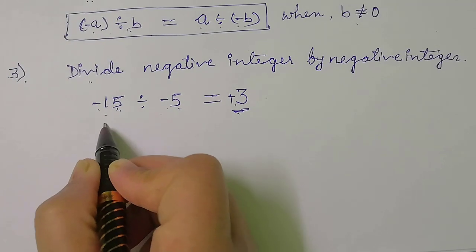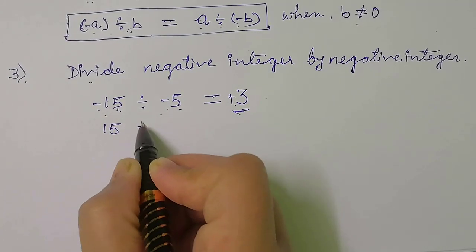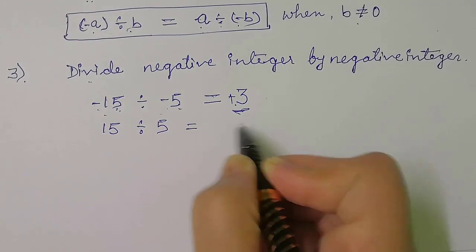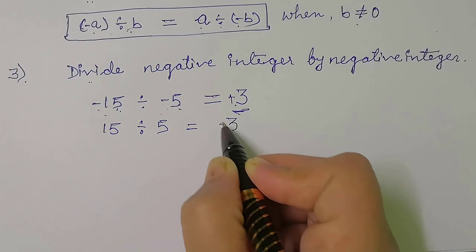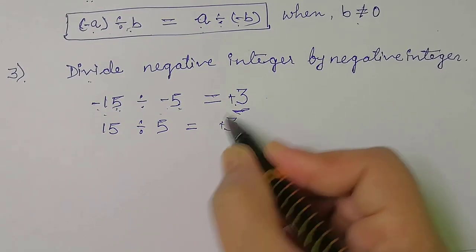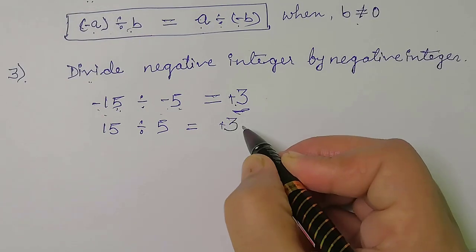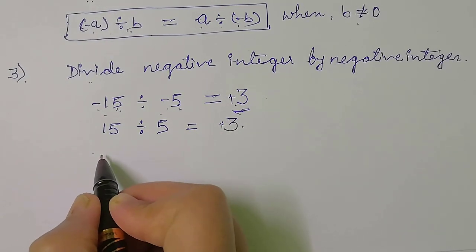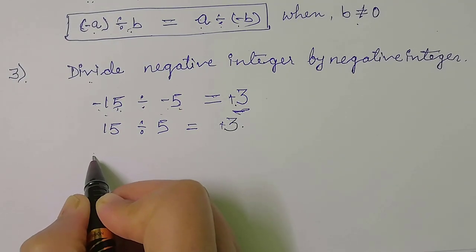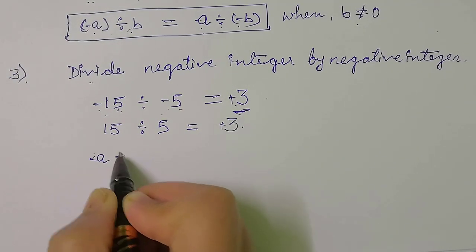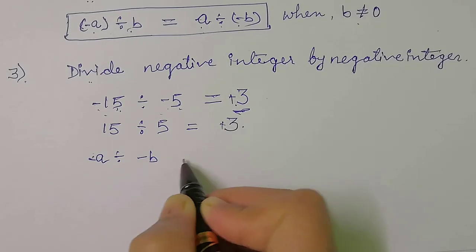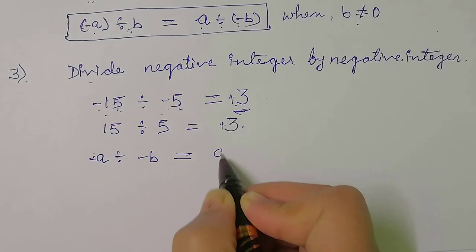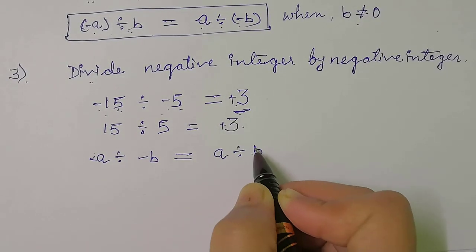In the other situation, when we divide 15 by 5, again we get plus 3. In both situations we are getting the same quotient. It means the conclusion that comes out is that minus a divided by minus b is equal to a divided by b.